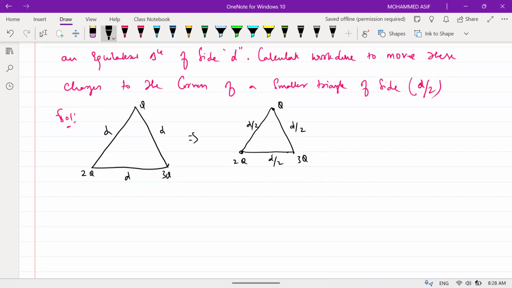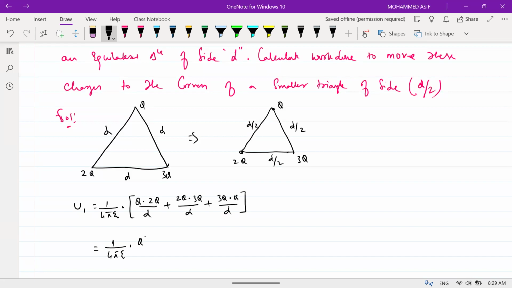First calculate the initial energy for this one. How many pairs can you make, beta? 3 pairs. So U is equal to 1 by 4 pi epsilon naught into Q into 2Q, distance is D, plus 2Q into 3Q divided by D, plus 3Q into Q divided by D. So Q square divided by D is common.